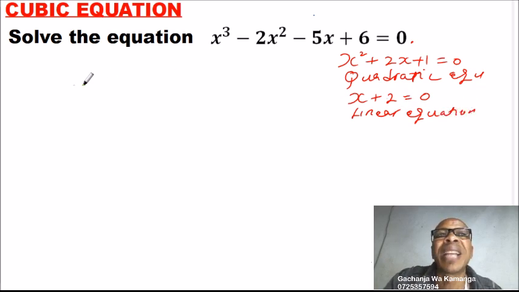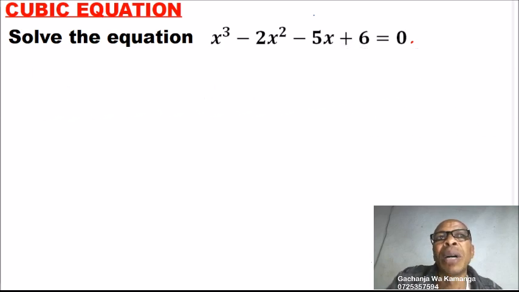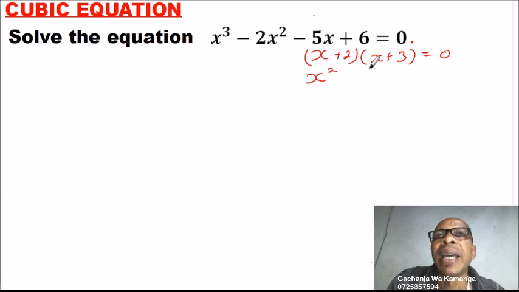That is important. Something else I would like you to note is that if we have the factors x plus 2 and x plus 3 is equal to 0, we can expand this: x multiplied by x is x squared, x multiplied by 3 gives plus 3x, 2 times x is plus 2x, plus 6 is equal to 0.